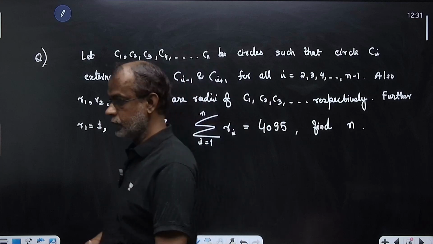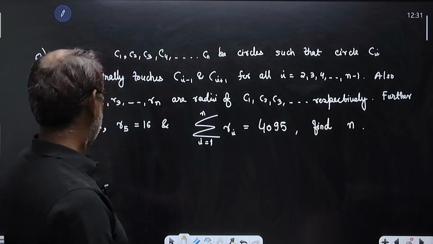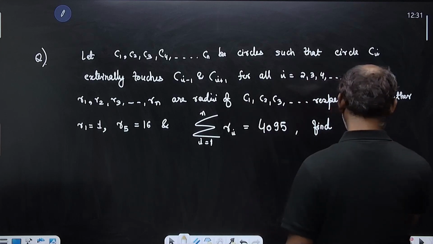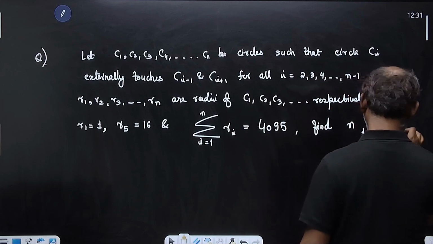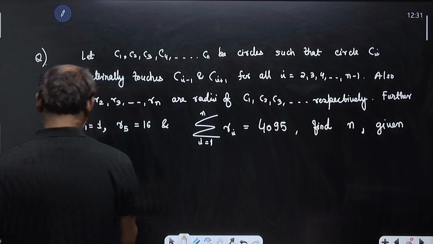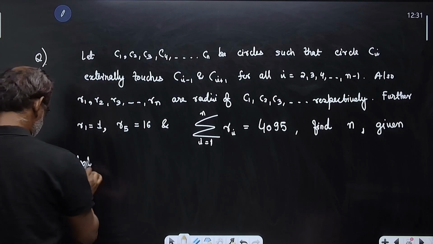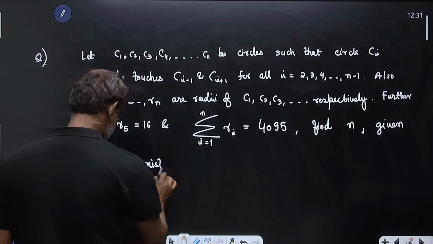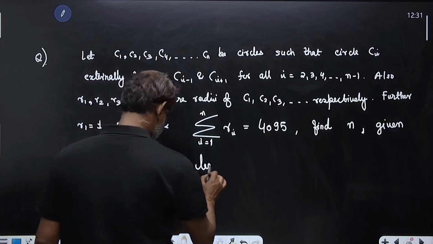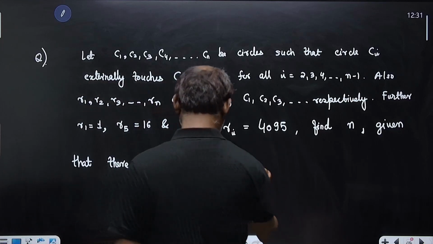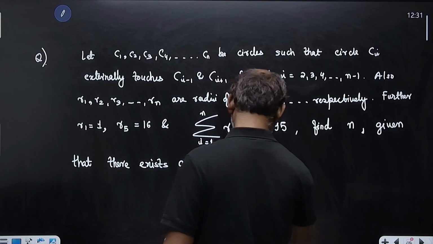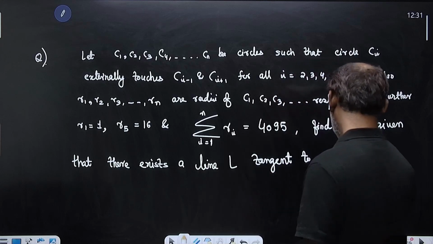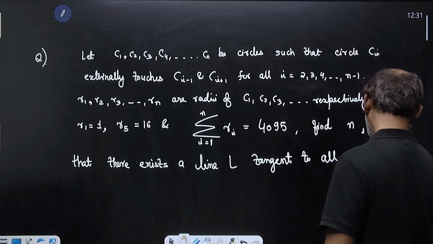this is our problem. Find n given that there exists a line L tangent to all the circles.